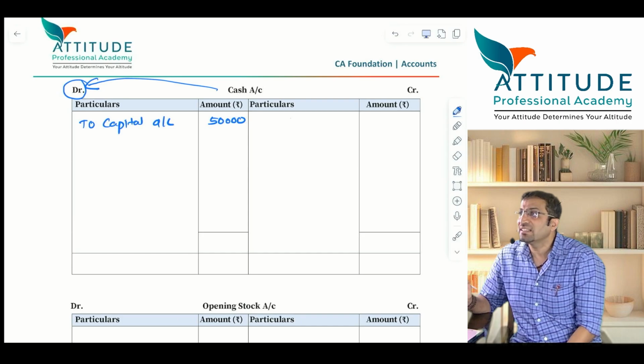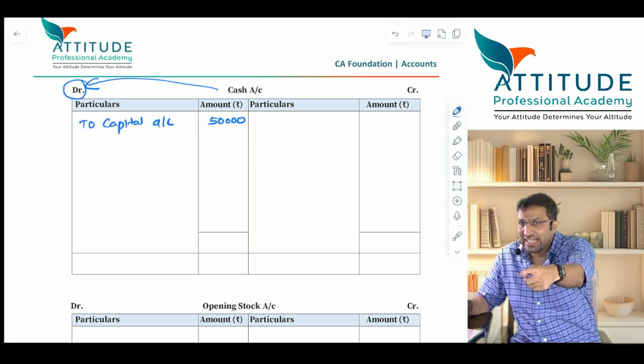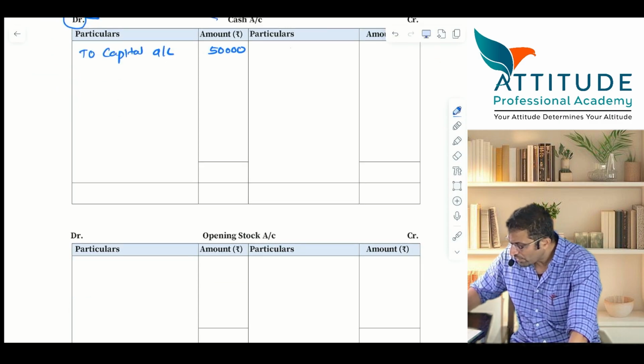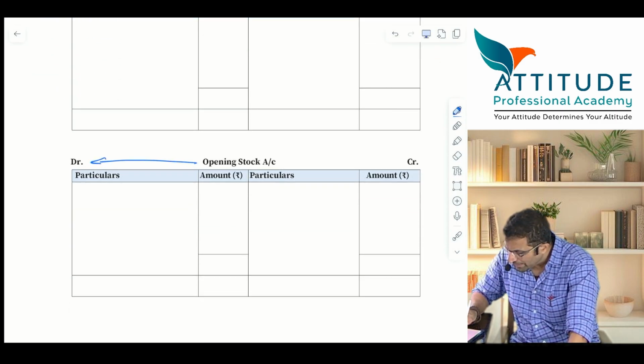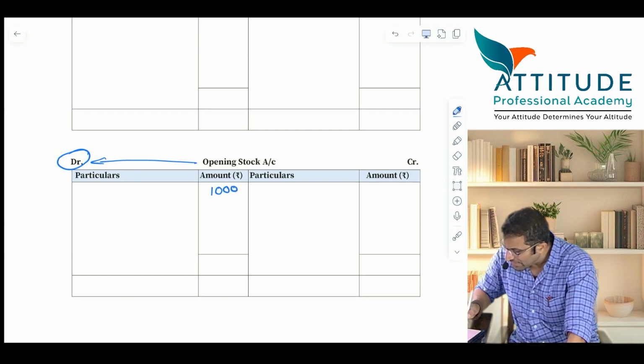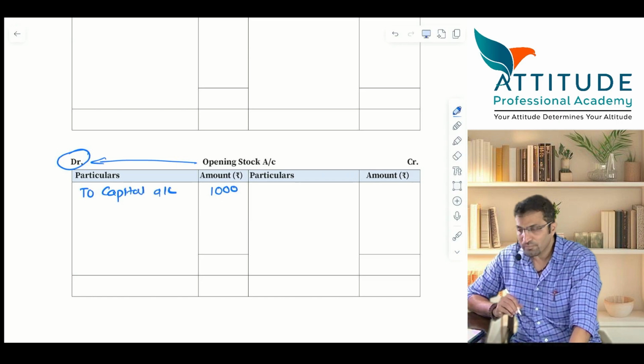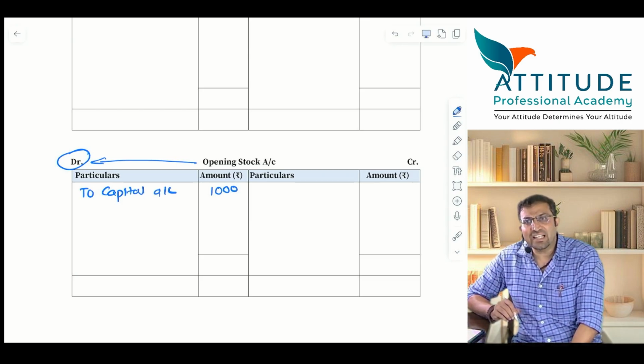Is that clear? Next, in the same journal entry, another account is debited. Which is that another account? Opening stock is also debited, no? With how much? So write only 1,000, and which is credited to capital account. Is that clear?